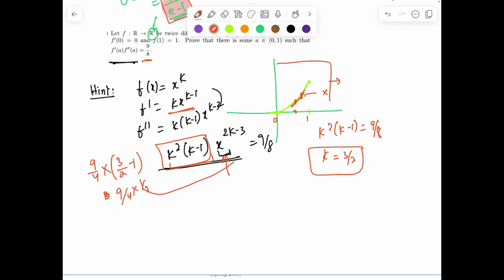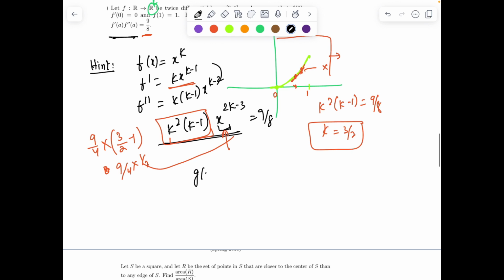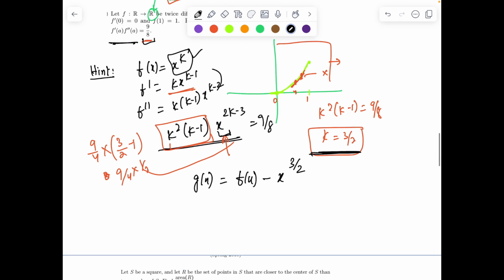Well, so that motivates us to define a function g of x as f of x minus x to the power 3 by 2. I hope you got the logic of why I have defined this function, because there is a subtle hint that if I take x to the power 3 by 2, it has some 9 by 8 connection with its derivative and double derivative. Now with this definition I can see g of 0 is 0 and g of 1 is 0.